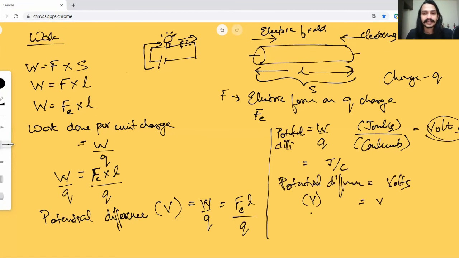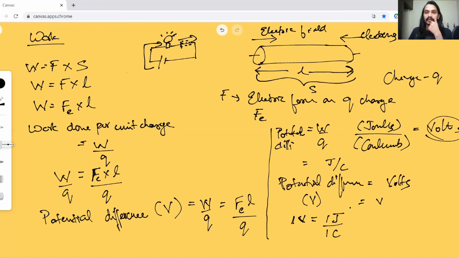So what exactly is 1 volt? How do we define 1 volt? We say 1 volt potential difference is created when 1 joule of work is done to move 1 coulomb of charge through a circuit.